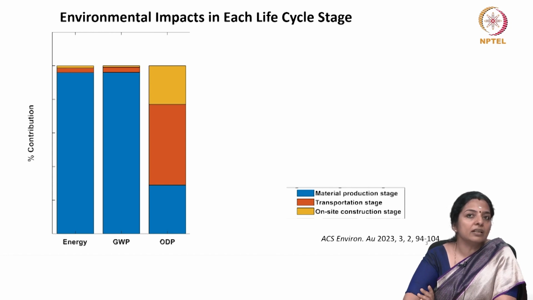Here I have taken three environmental categories because the focus of this class is not on environmental categories, and therefore I have taken only three which we already have seen. First is the energy, second is the GWP, which is the global warming potential, and ODP is the ozone depletion factor.